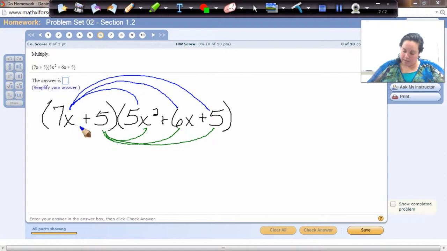We multiply the two numbers, get 35, and then we add the exponents on the variables, x to the 3. 1x here, 2x here, so 3 total. 7x times 6x and 7x times 5.